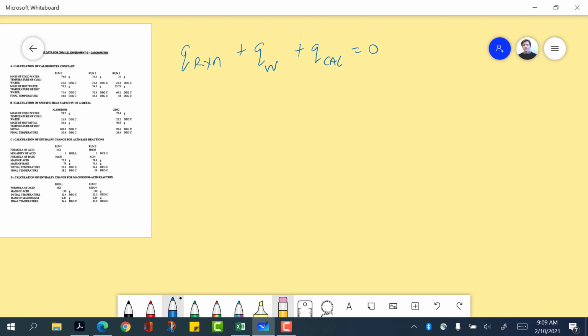Now, for this reaction, since it's a strong acid, strong base, what we're doing is we're mixing HCl together with NaOH, and we're getting a salt and water, NaCl plus H2O. The net ionic reaction here is just hydrogen ions plus hydroxide ions going to water.